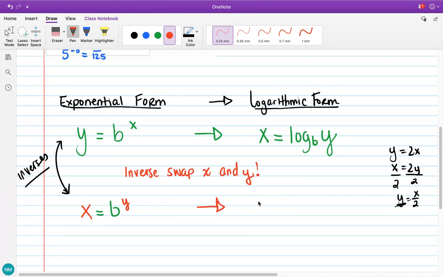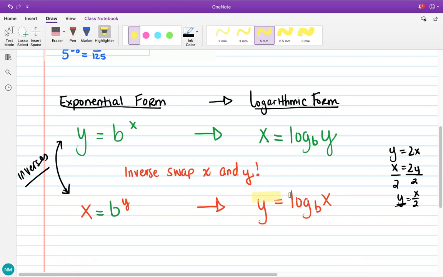It's going to be y equals now, because y is my exponent, y equals log base b of x. Now I have a y equals statement. And this, my friends, is the inverse of this. So that means all of the xy coordinates are swapped. They are inverses.